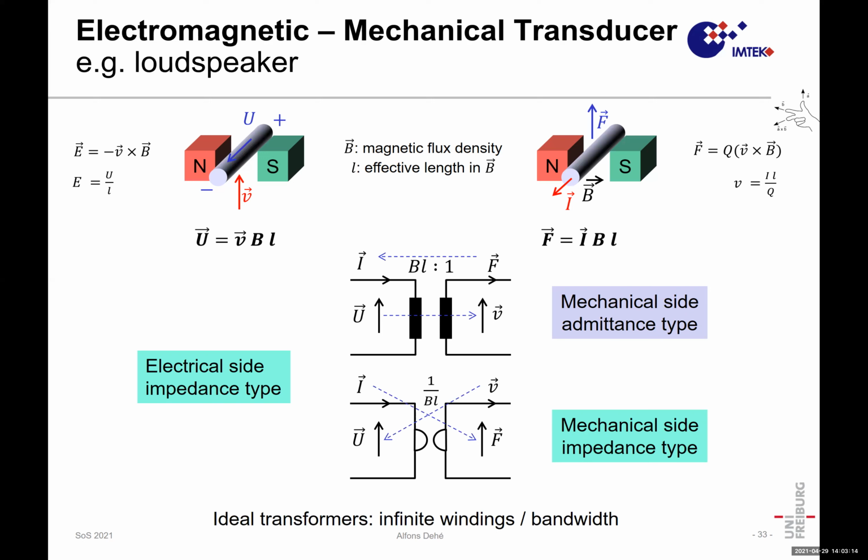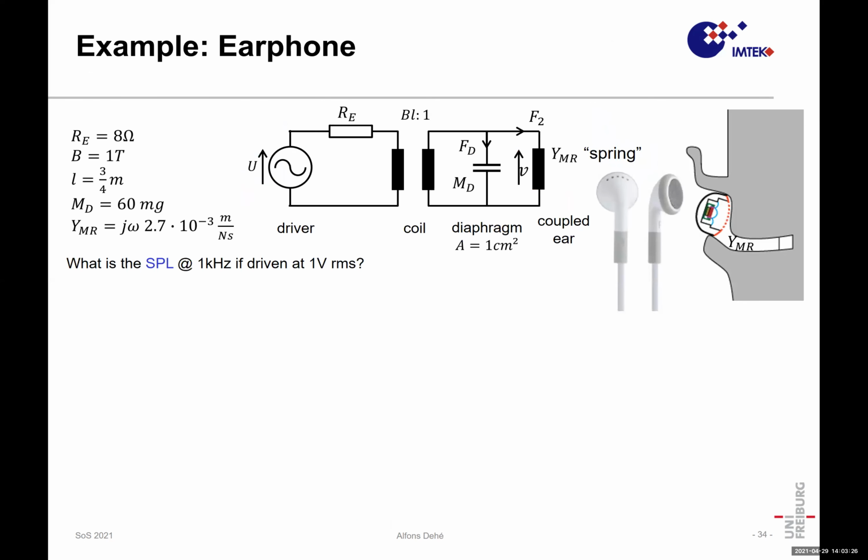Again, here you can read it like a formula. Always keep in mind that you use ideal transformers in this systematic, so you don't get bandwidth limitations or anything. This is a very simple situation of such an electrodynamic transducer, and I chose this headset.